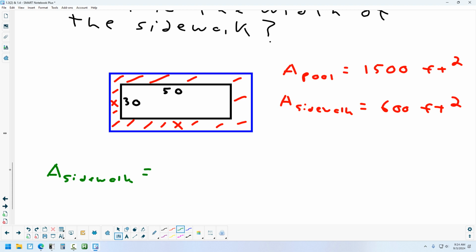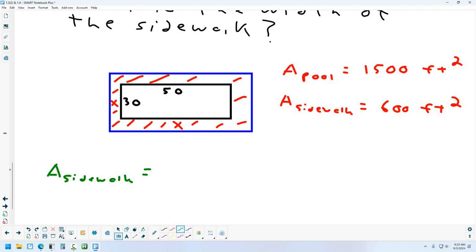How could you find the area of that region that's shaded in red? I mean, we know it's 600, but let's say could I do something with the blue rectangle and the black rectangle to find the area of the red shaded section? Yes, Matt. Can you add them? Add the area of the blue rectangle and the black rectangle.